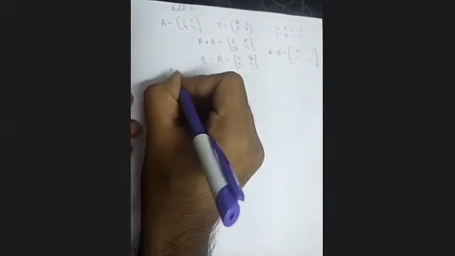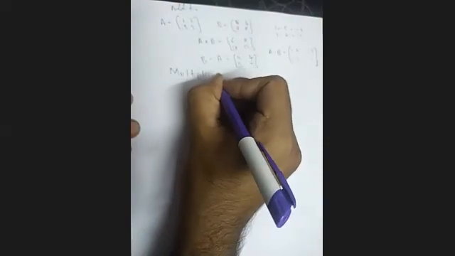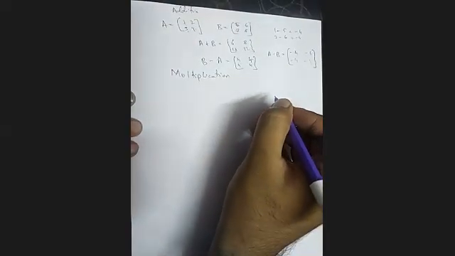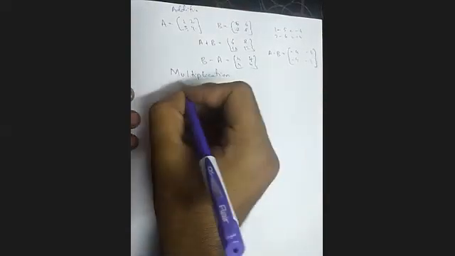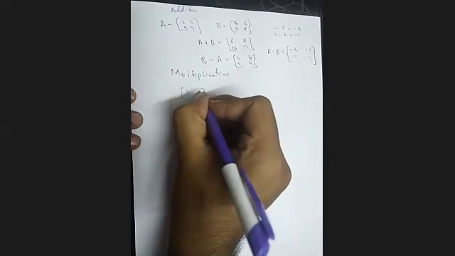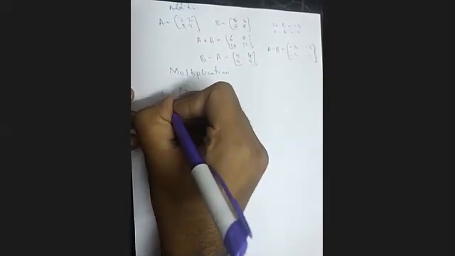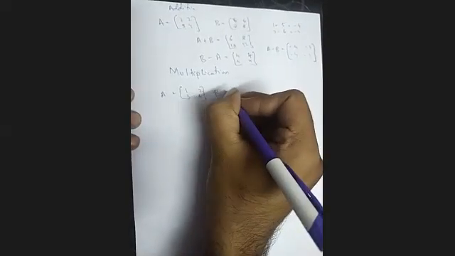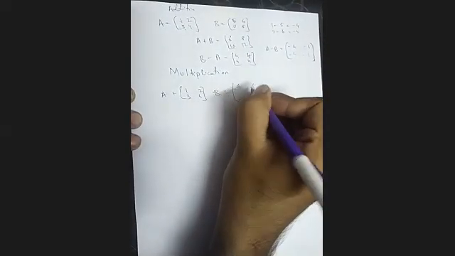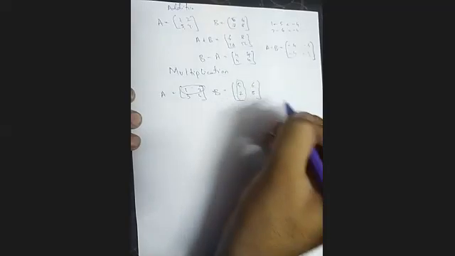Next is multiplication of matrix. So how do we multiply a matrix? It's a bit tricky, but you will get it once you practice. So let this be matrix A and this be matrix B. We'll multiply the row with the column.